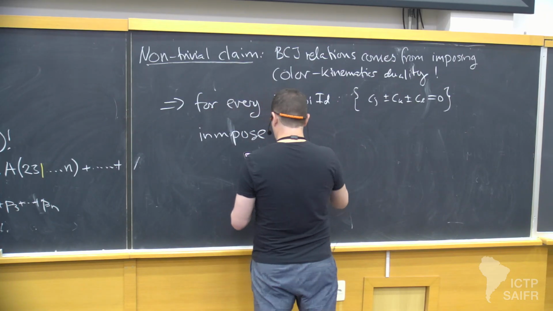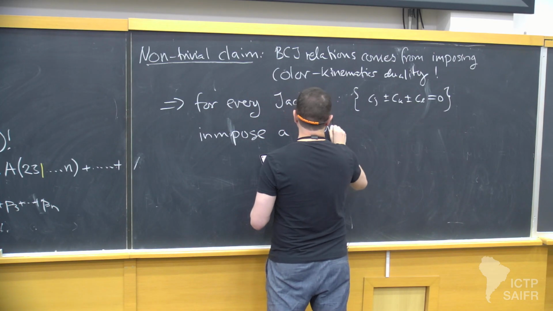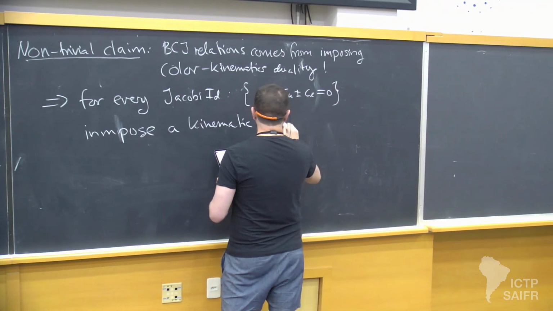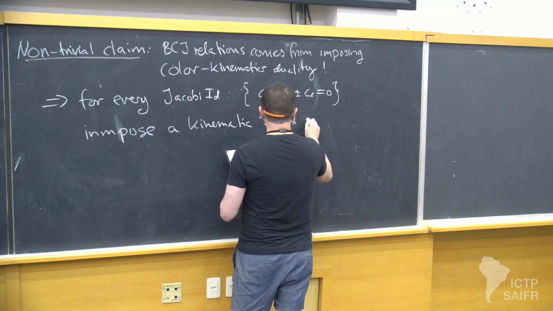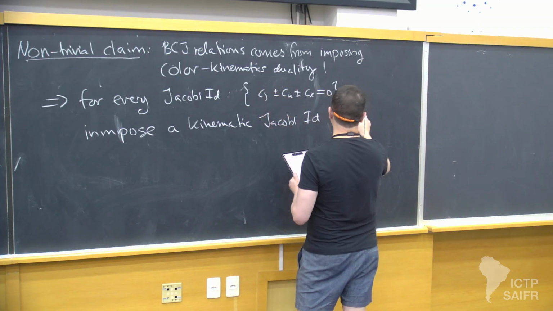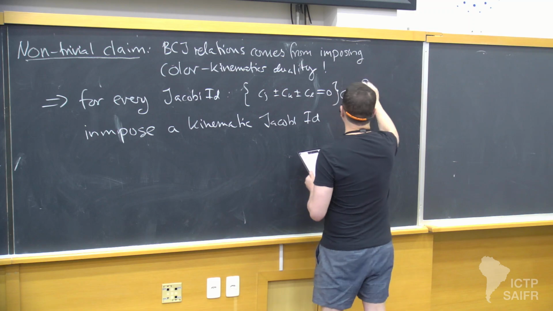kinematic version of this identity. Which is basically going to look the same way, but now with numerators.